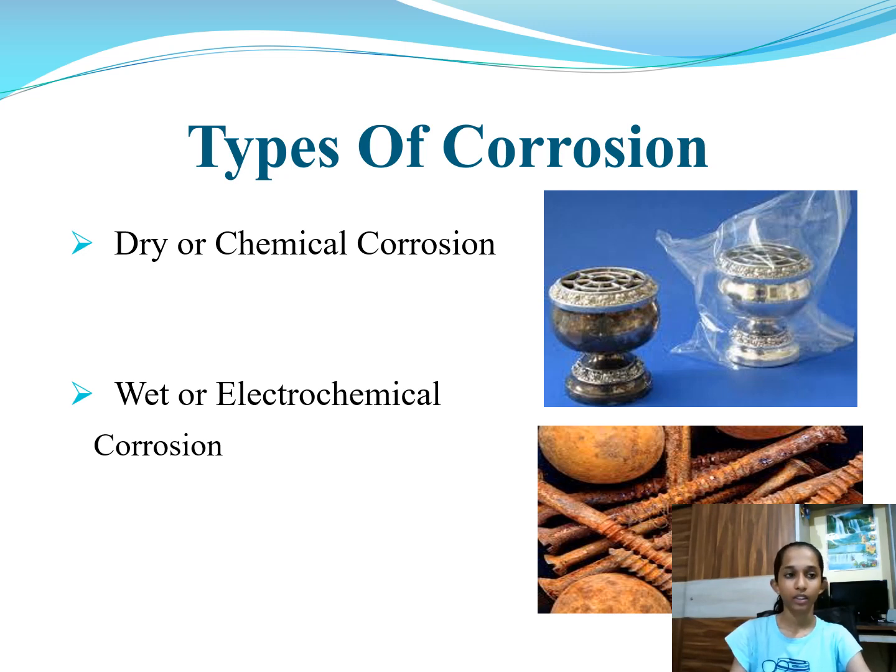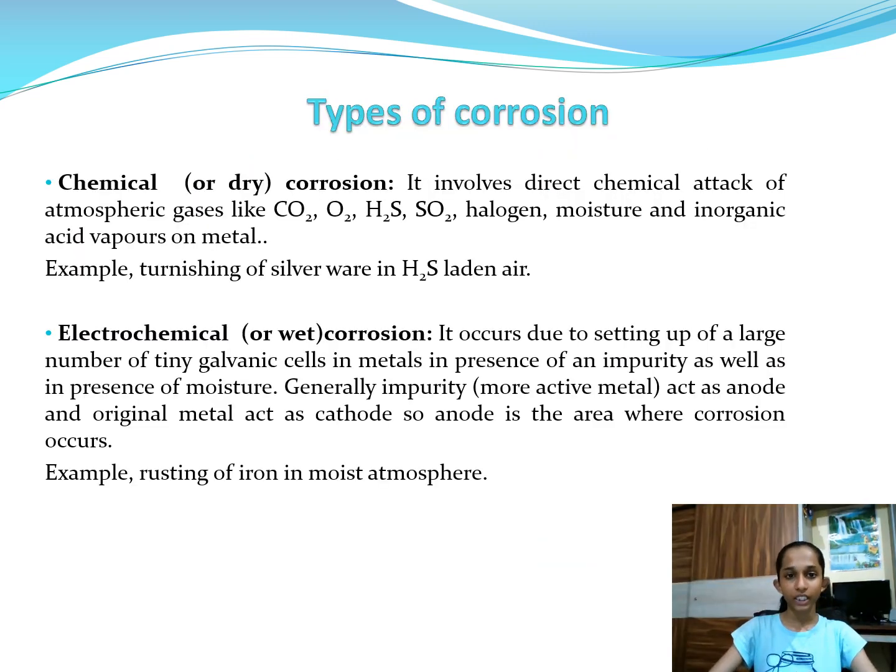Let's study about this. First one is chemical or dry corrosion. It involves direct chemical attack of atmospheric gases like CO2, O2, H2S, SO2, halogens, moisture, and inorganic acid vapors on the metal. An example of dry corrosion is tarnishing of silverware in H2S-laden air.